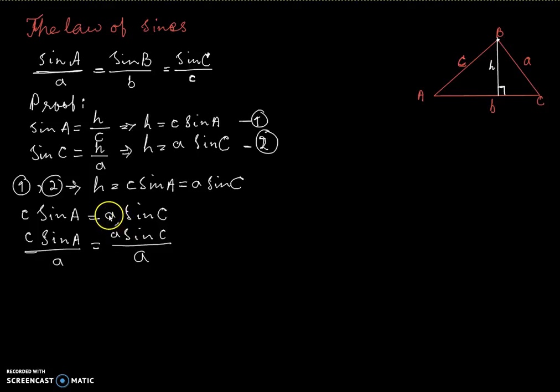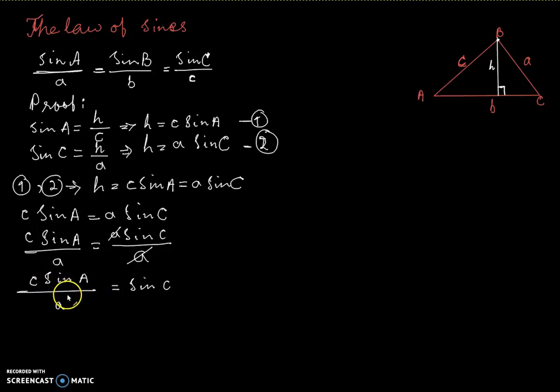And then you would get c sine A divided by a is equal to sine C, right? Because these two would cancel out.